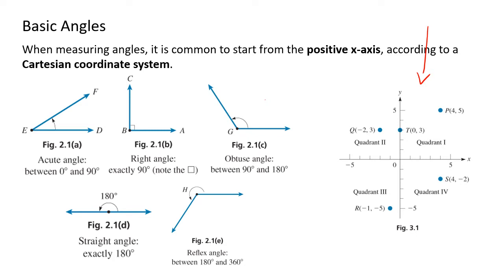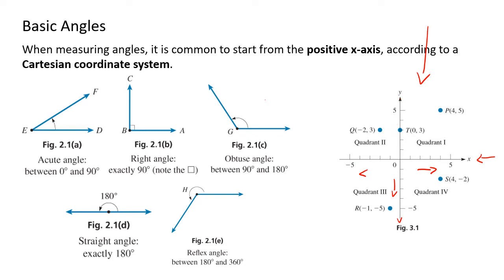The x-axis goes left to right, right here. The y-axis goes up and down. To move in the positive direction on the x-axis, you move to the right, and in the negative direction, you move to the left. On the y-axis, to move in the positive direction, you move upwards, and in the negative direction, you move downwards.